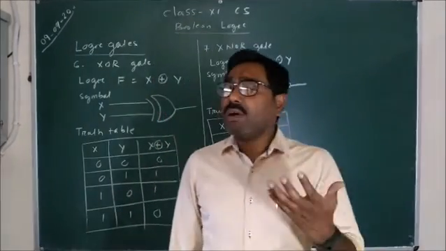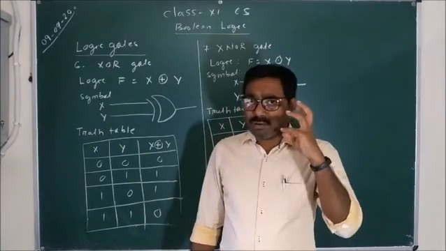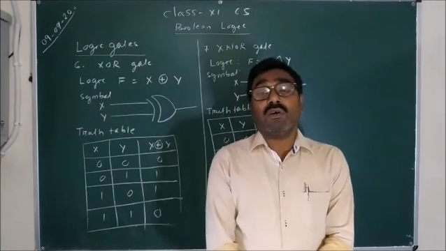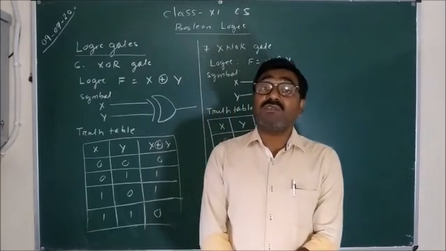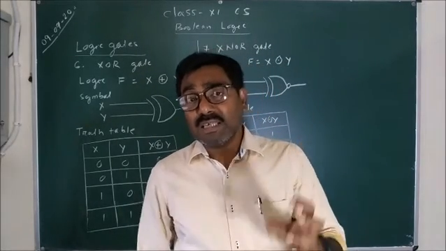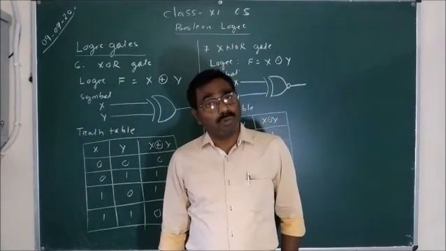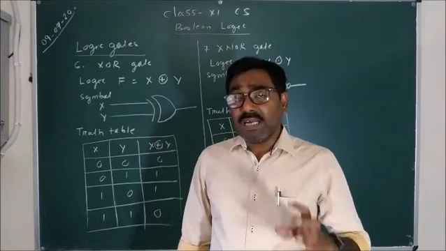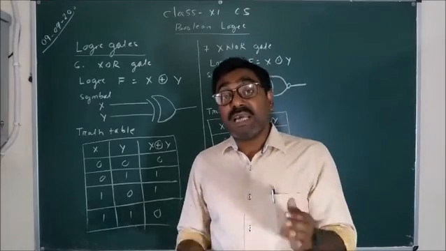First we see what is the need of an exclusive OR gate. If we go for the simple OR gate, then what happens? The output is 3 times true and only 1 time it is 0. That means if any one of the inputs is 1 or true, we get the output as true. But if we think about the actual use of the word OR, it means any one.